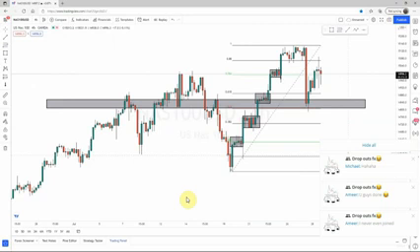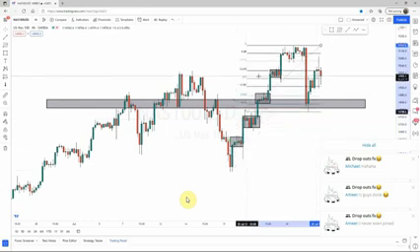Now remember, guys, anything below the 50 is considered discounted price. Right? They broke out of the 50.